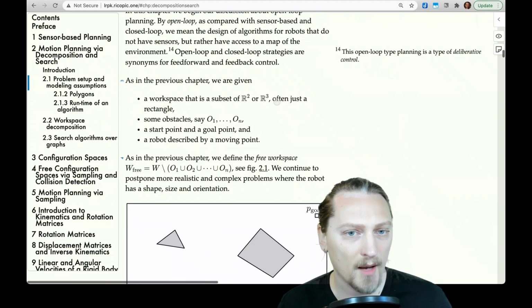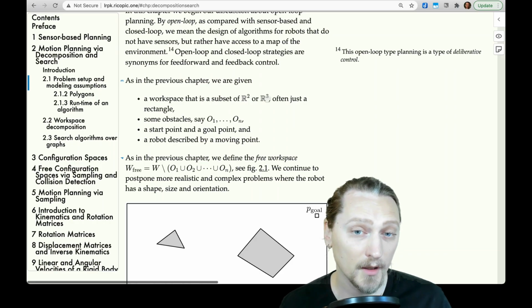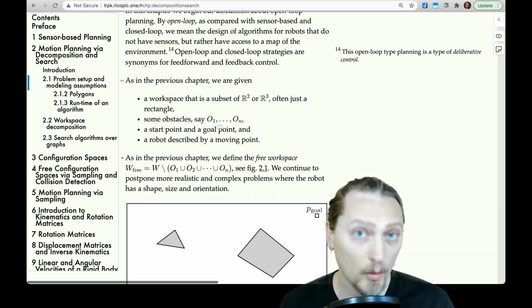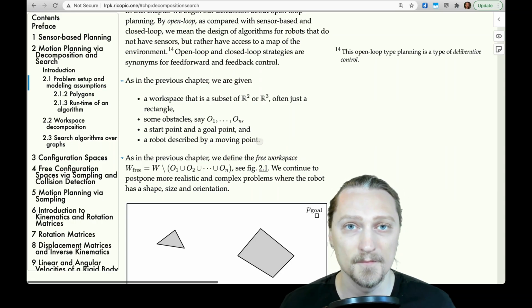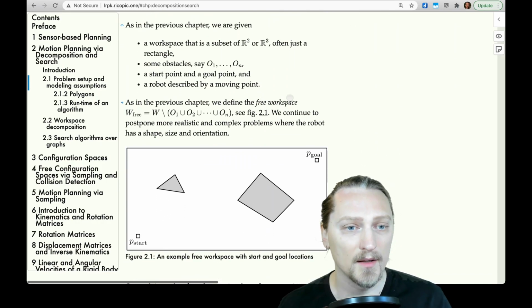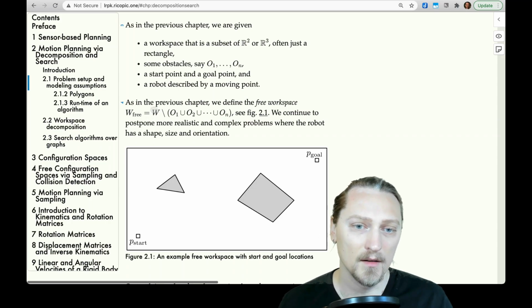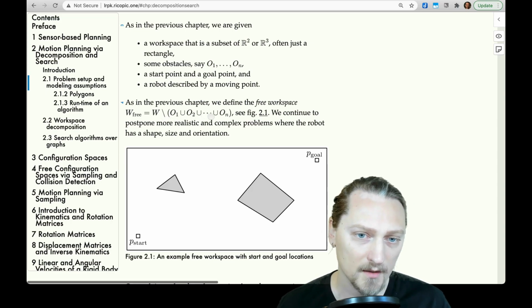As in the previous chapter, we are given a workspace that is a subset of R2 or R3, often just a rectangle, some obstacles, say O1 to ON, a start point and a goal point, and a robot described by a moving point. We define the free workspace, W free, to be the entire workspace minus, set minus, the union of all of the objects.